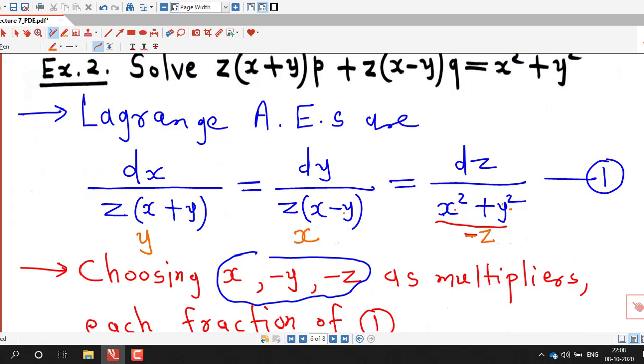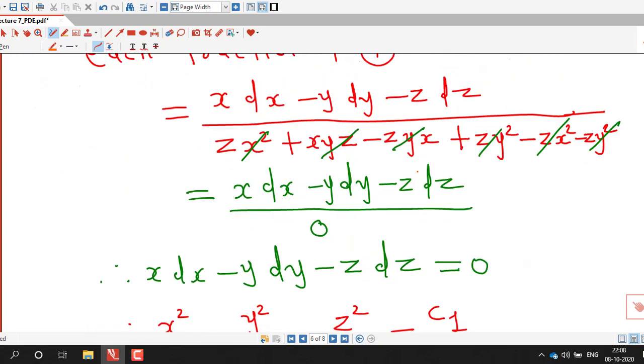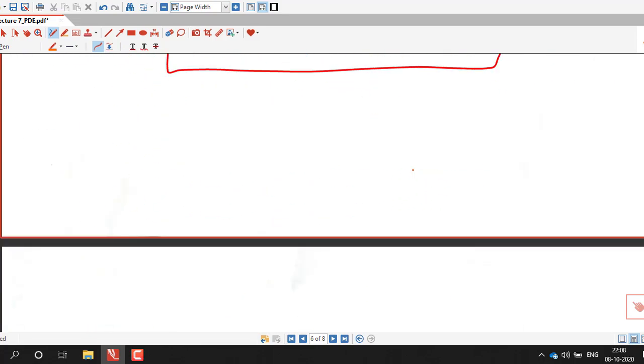Similarly here I will have minus x square z, and I will obtain x square z from here. So this suggests that we have to select y, x and minus z as another set of multipliers, so that we obtain 0 in the denominator. So we select that set of multipliers and we obtain another solution.